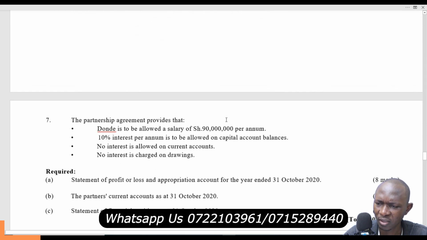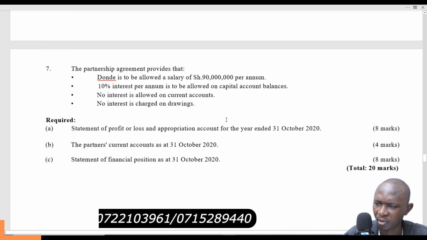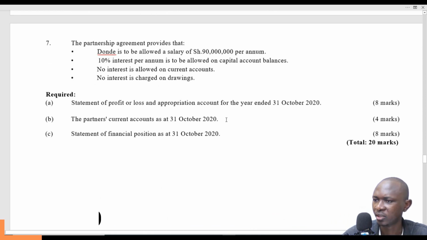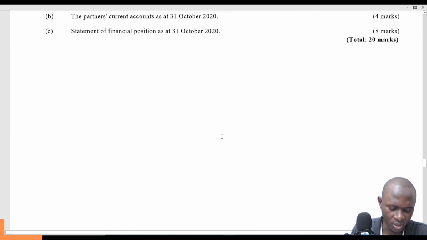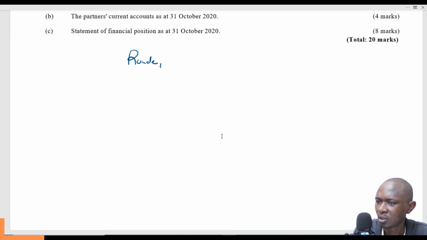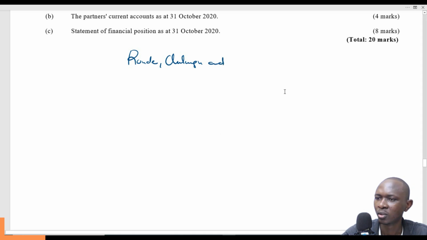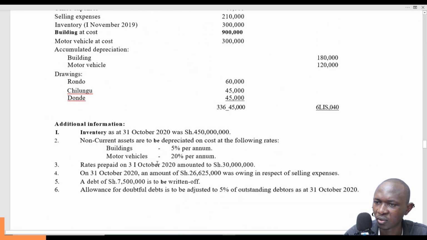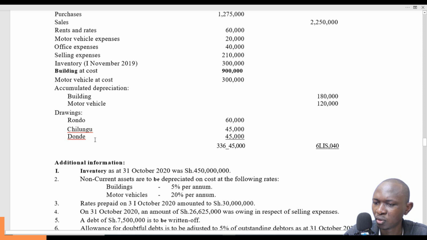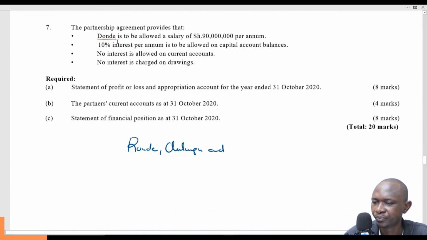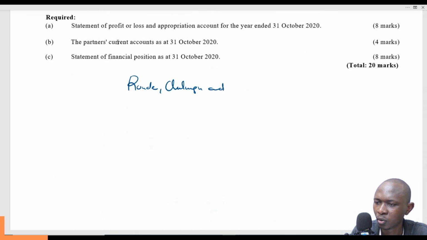So we'll start with the first one, the statement of profit or loss and appropriation account for the year ended that. Straight to the question. This is Rondo, Chilungu and Donde partnership.